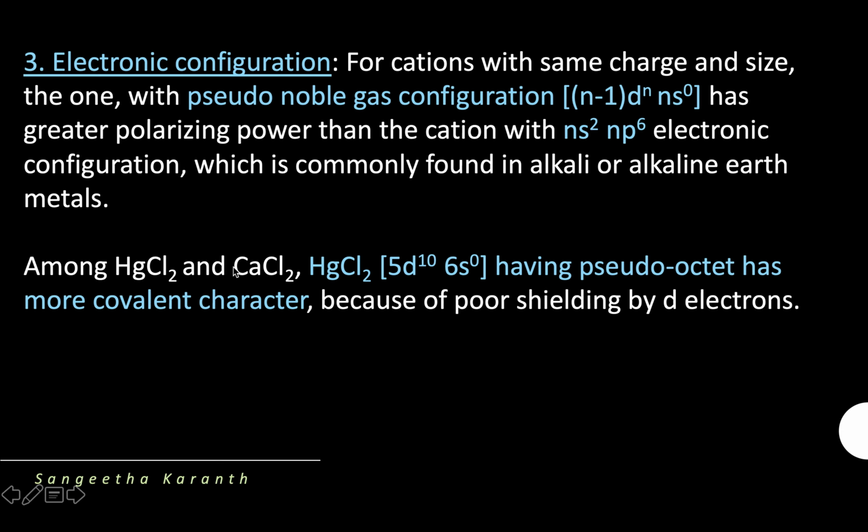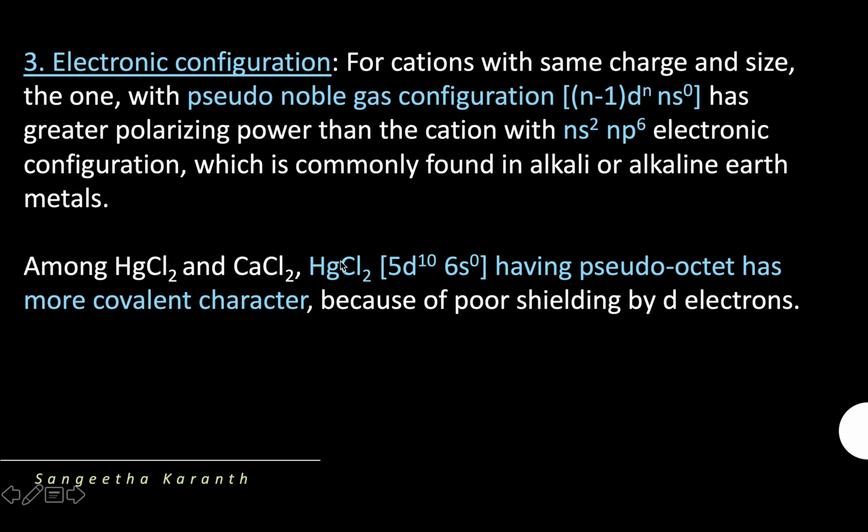In the case of calcium, the outermost electronic configuration is ns2np6. So whenever there is a d orbital or a pseudo octet, the polarization by that cation will be maximum. Whereas whenever the cation has inert gas configuration, the polarization will be lesser.